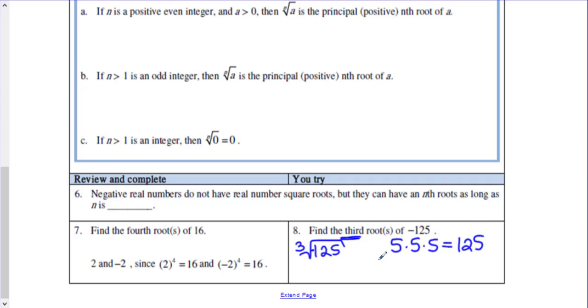That's positive. So does negative 5 times negative 5 times negative 5 equal negative 125? Well, negative 5 times negative 5 is positive 25. Positive 25 times a negative 5 gives me negative 125. So the cube root of negative 125 would be negative 5. So you can do negatives as long as you have odd roots. Even roots, you can't do negatives.